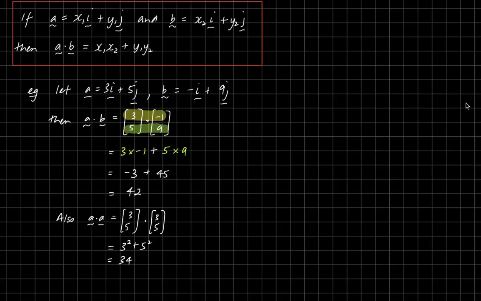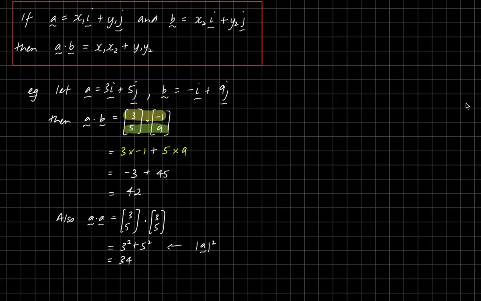Now the reason I put that example down is that I want you to see that this is just like the magnitude of A without the square root symbol. In other words, that is the magnitude of A squared. So take a moment to think about what the magnitude of A would be and how we calculate that, and hopefully then you can see that this represents the magnitude of A squared.